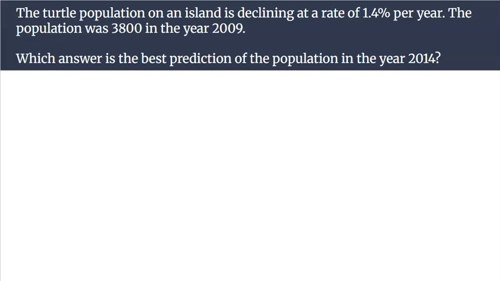Well, for exponential decay, y equals b, and this time instead of 1 plus r, it's going to be 1 minus r, raised to the t power.